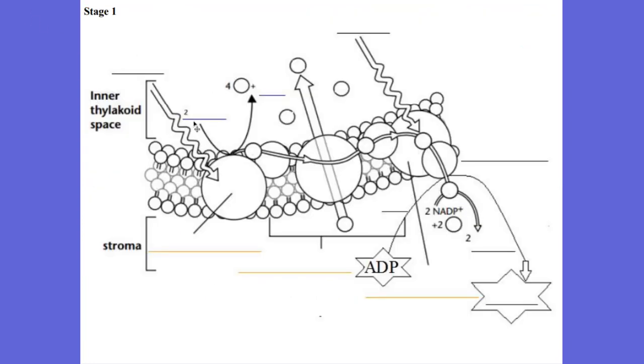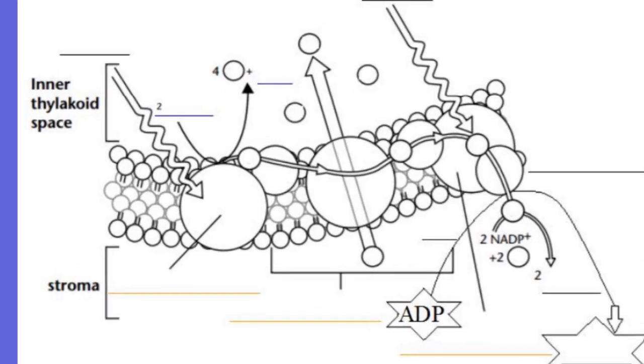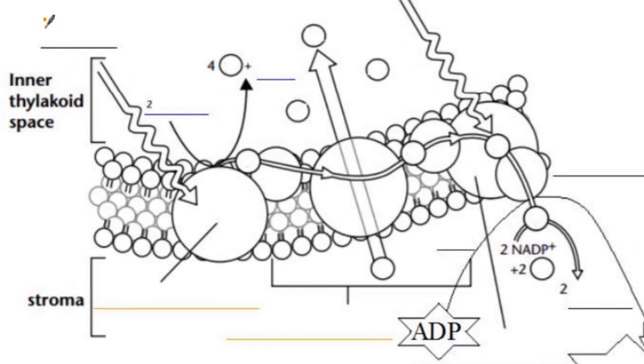Now, I always love to look at things in pictures. I think pictures are sometimes the easiest way to understand what's happening here. And you can see right here we have light coming in, and we also have water coming in. Now, as light comes in and water comes in, that comes into what's called Photosystems 2. So what happens to the water and the light?